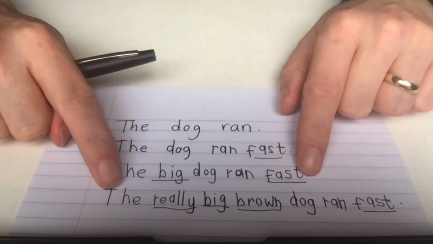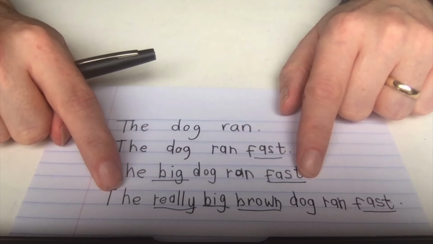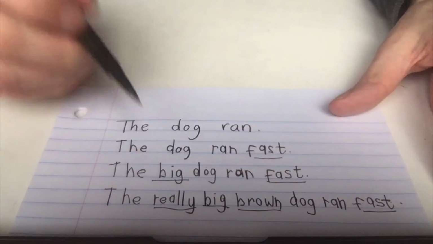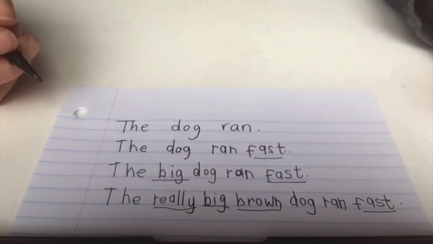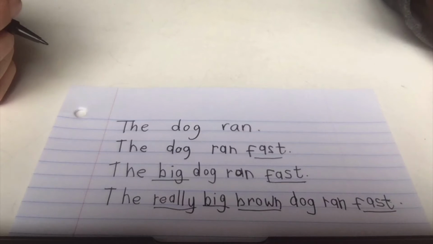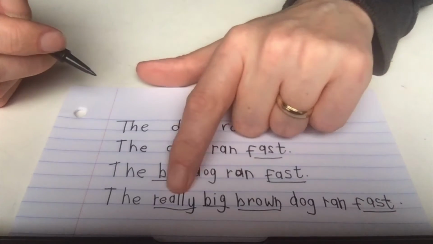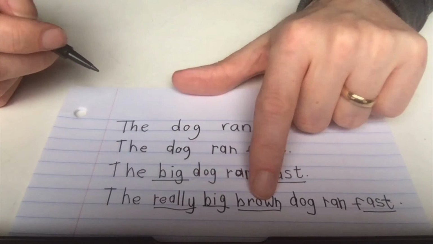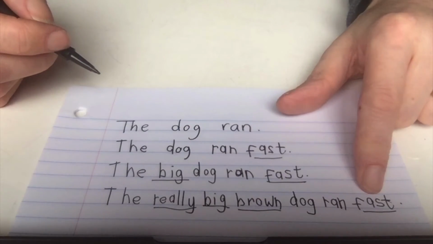So look, there's the original sentence, the dog ran. Now we added really big brown fast. So we know so much more about what's happening now. We know that the dog is really big, we know that it's brown, and we know that it's running fast.